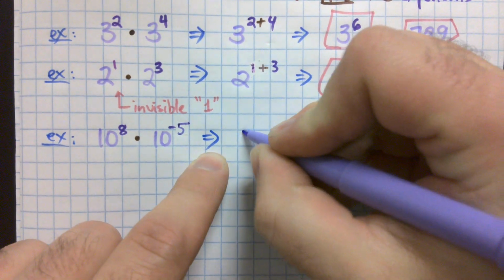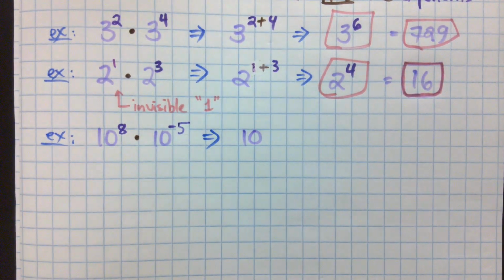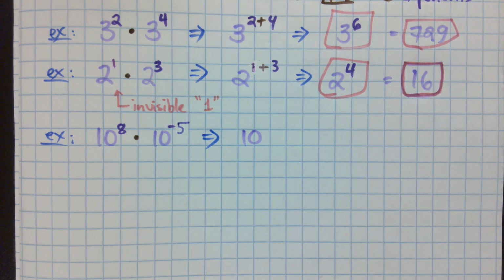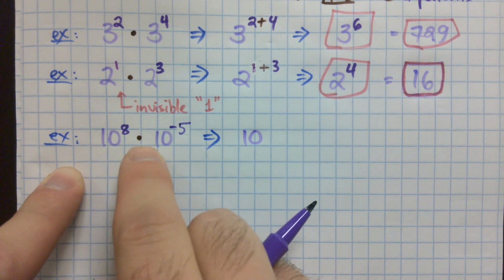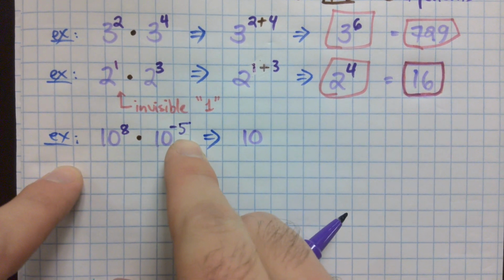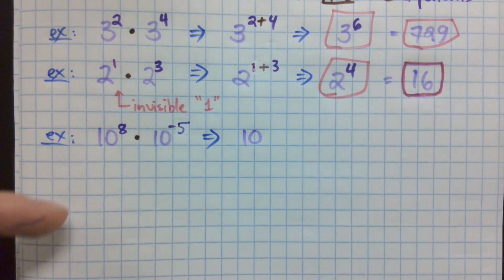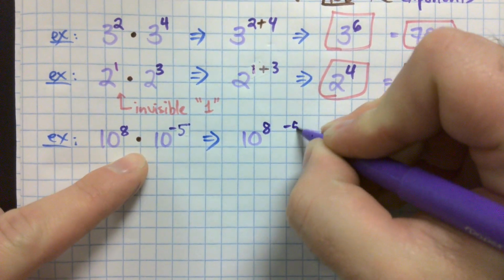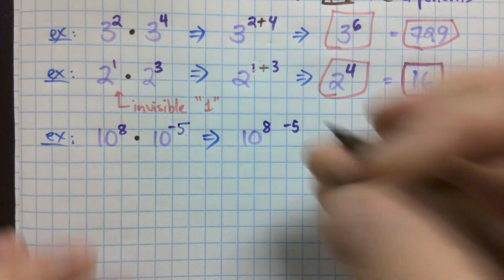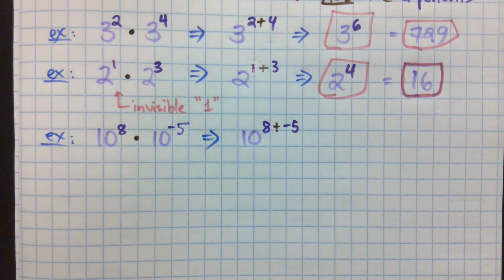First thing we want to do is keep that base the same. We see that we're multiplying like bases, 10 to the 8th times 10 to the -5th. So if we're multiplying like bases, what do we do with those exponents? We add them together. 8 plus -5.